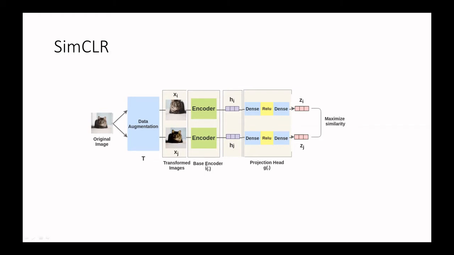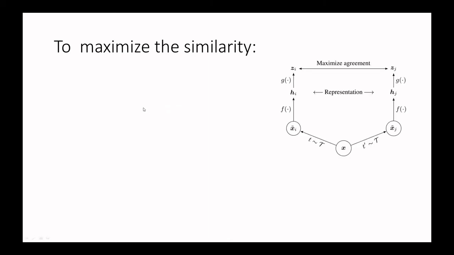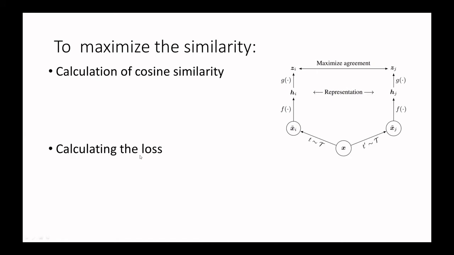Here, the base encoder is represented by function f, and the projection head is represented by the g function. Now to maximize the similarity between these two representations zi and zj for the same image, we need to go through two steps. The first one is the calculation of the cosine similarity, and the second one is calculating the loss.